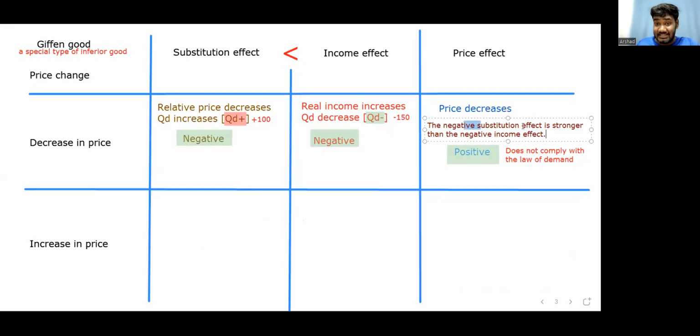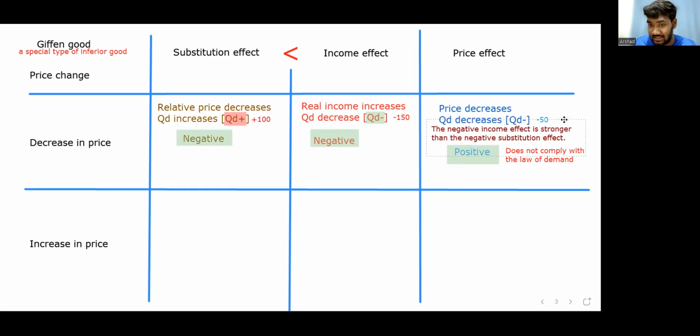Sorry, negative income effect. The income effect is stronger or greater than the negative substitution effect. Is that okay, guys? Yes, the income effect is stronger. That's why it's negative.